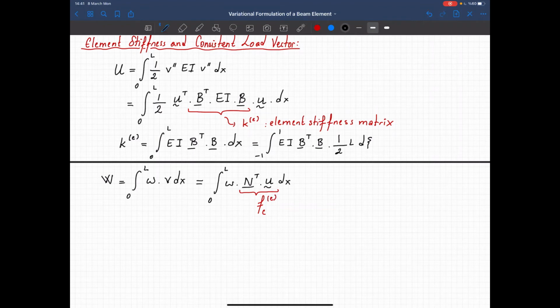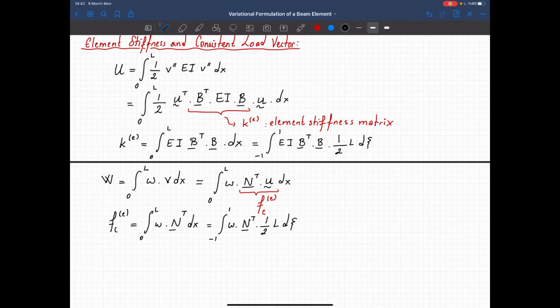So F element will be equal to the integral of W multiplied by N transpose over the length of the member, and if I switch the limits of this integral to -1 to 1, W shape functions transpose times 1 over 2 L times d psi.